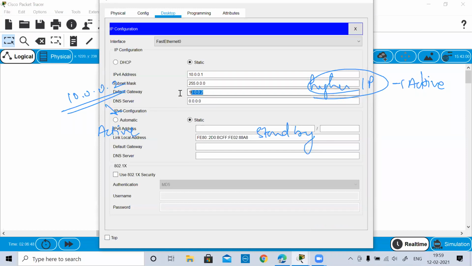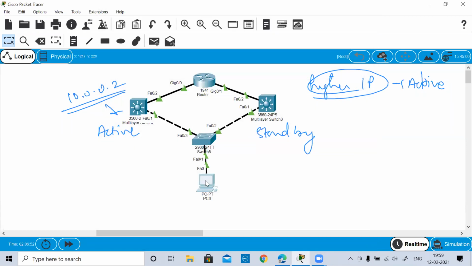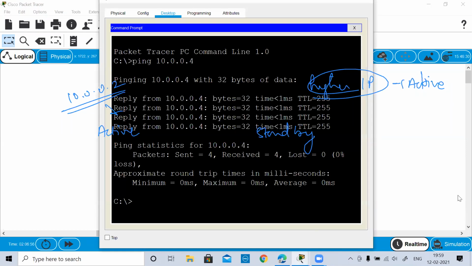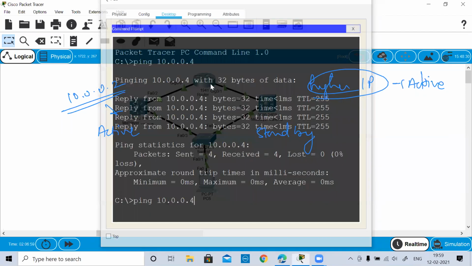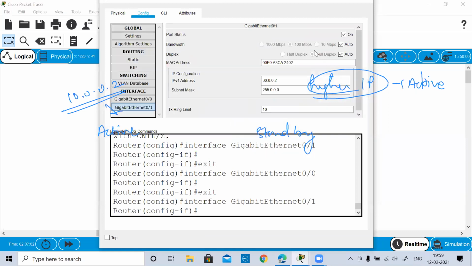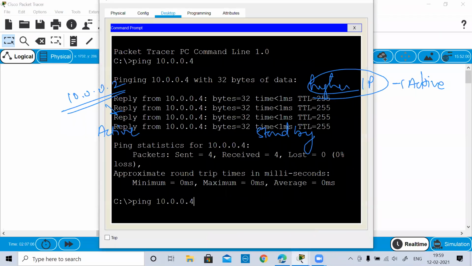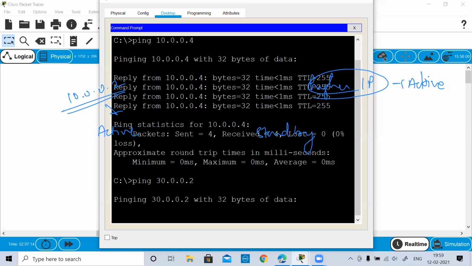That was the interface VLAN IP. Now I have shut the VLAN. Let me ping the network which we have configured at this interface, let's say at interface 30. So let me ping 30.0.0.2, hit enter.